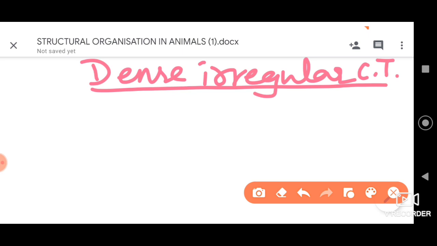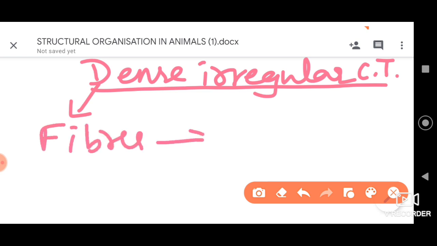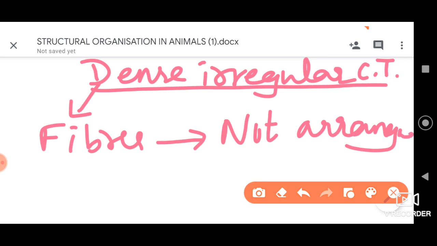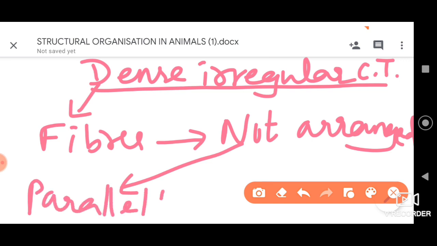Now under irregular, let us discuss that these dense irregular connective tissues have fibers that are not arranged in parallel bundles as we could see in the dense regular tissues.